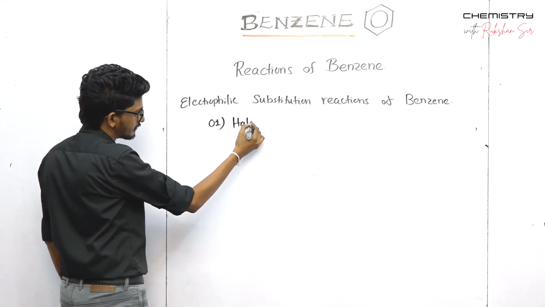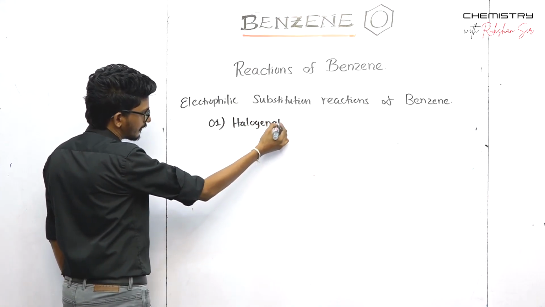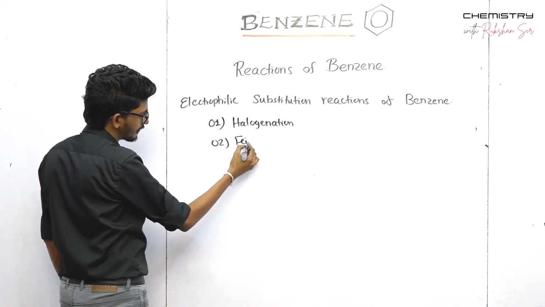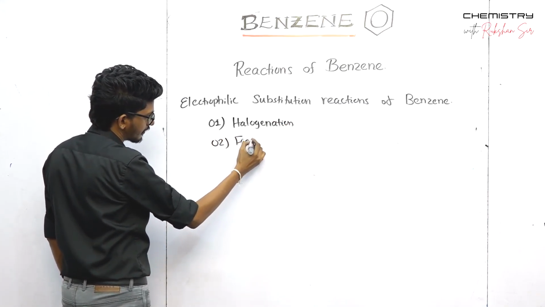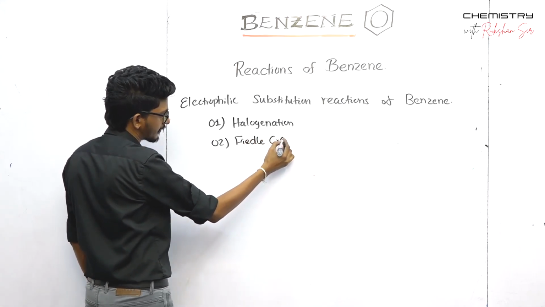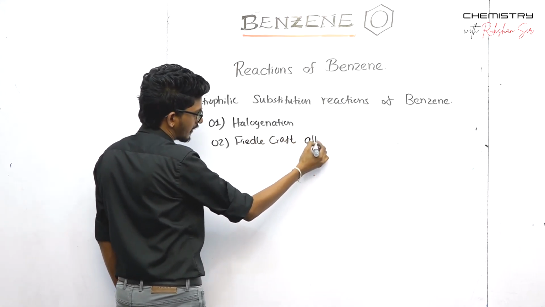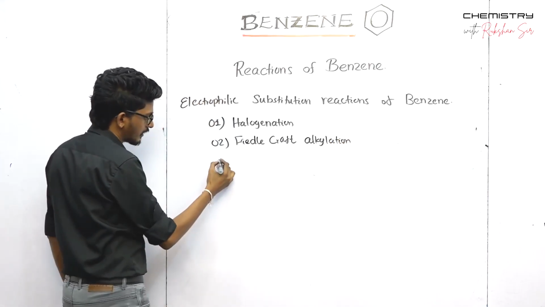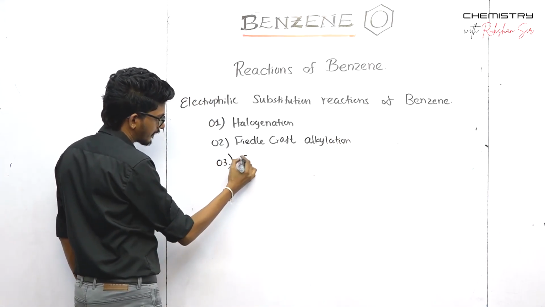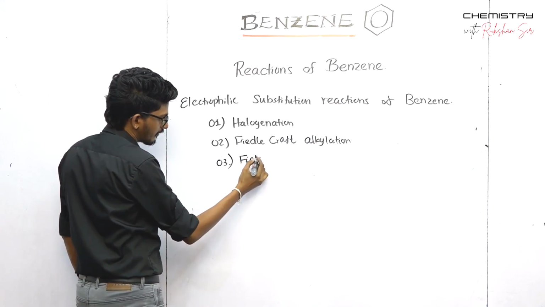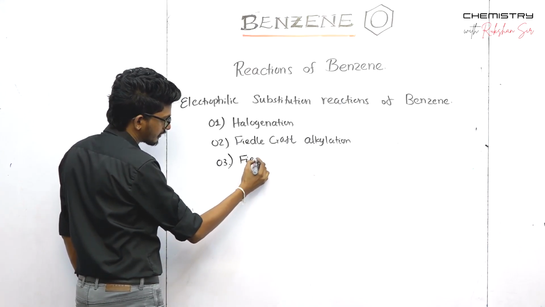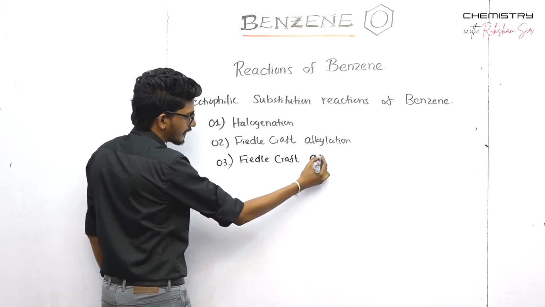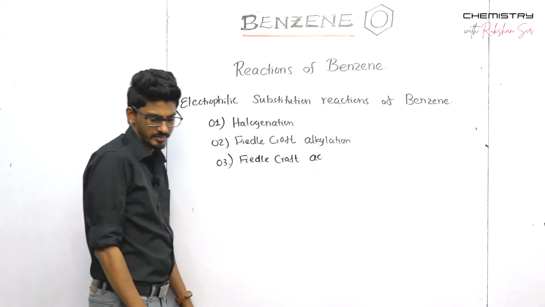Number 1, halogenation. Number 2, Friedel-Crafts alkylation. Then number 3, Friedel-Crafts acylation.